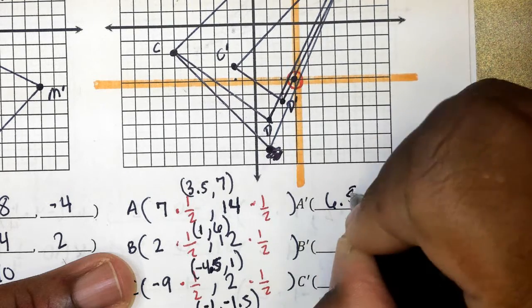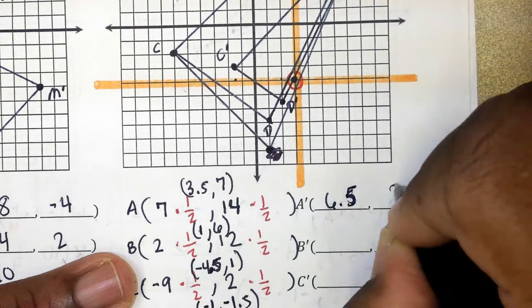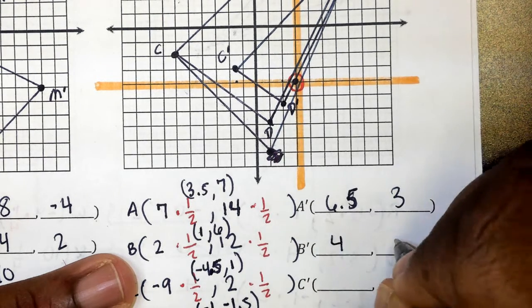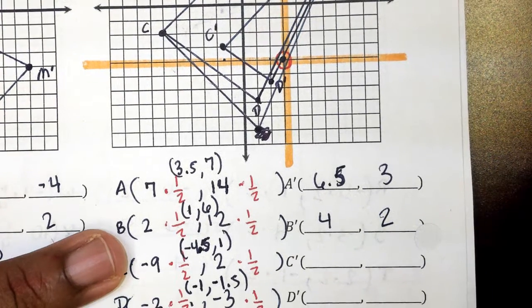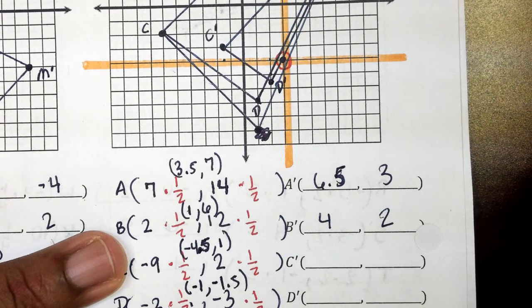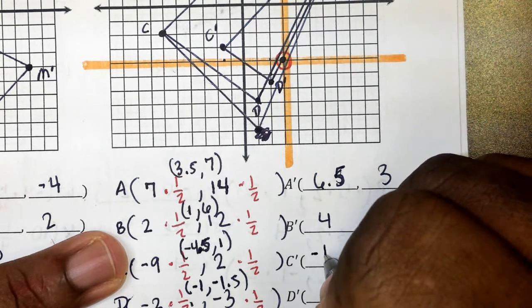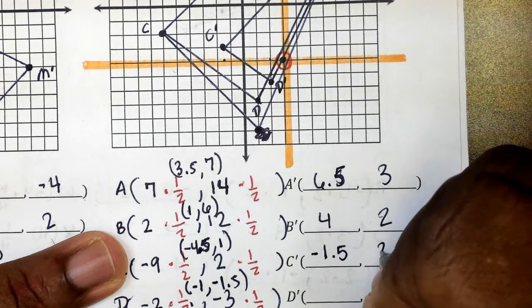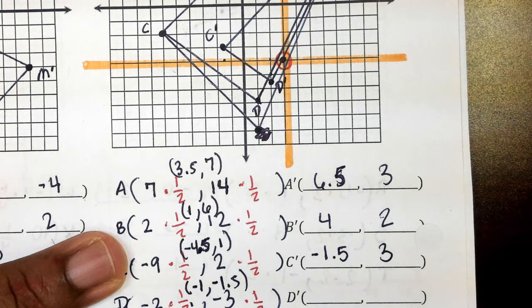What y'all say? 6.5 and what? 3. Alright. B prime. What's that? 4.2? Yes, no? Maybe. C prime. Alright. I see negative 1.5. That's what y'all see? Negative 1.5, comma 3. Okay. And the last one, D prime.